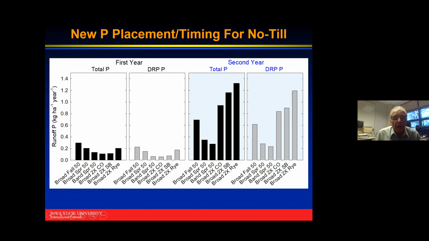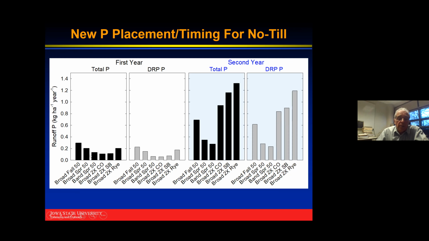Now, what we found is that we had some phosphorus losses, but not too high. In the first year, there were not really many differences here.